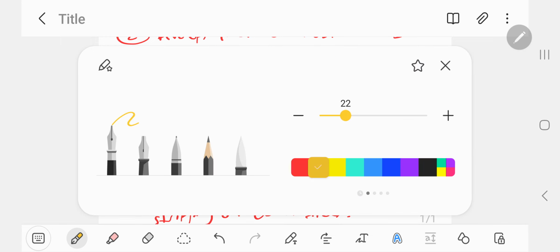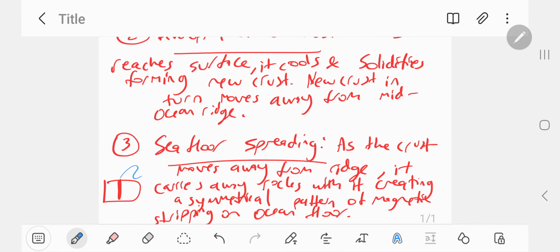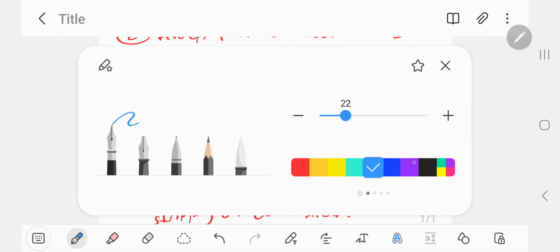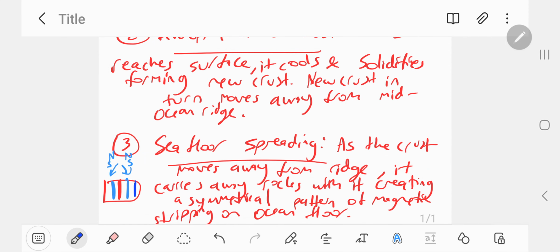Suppose you've got strips here, so new crust forming, and they contain magnetite. The magnetite is oriented in the north-south direction, as follows, and then the one next to it, because it's symmetric, will have the same orientation, and these will be in the south-north direction.